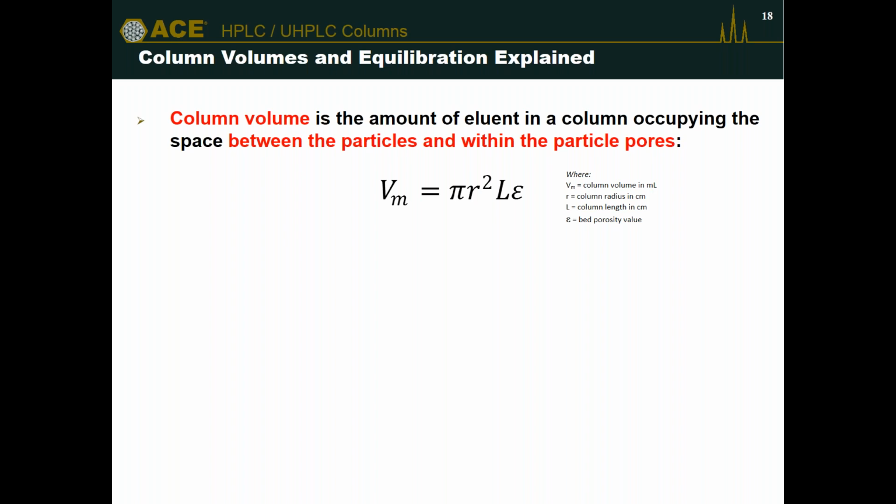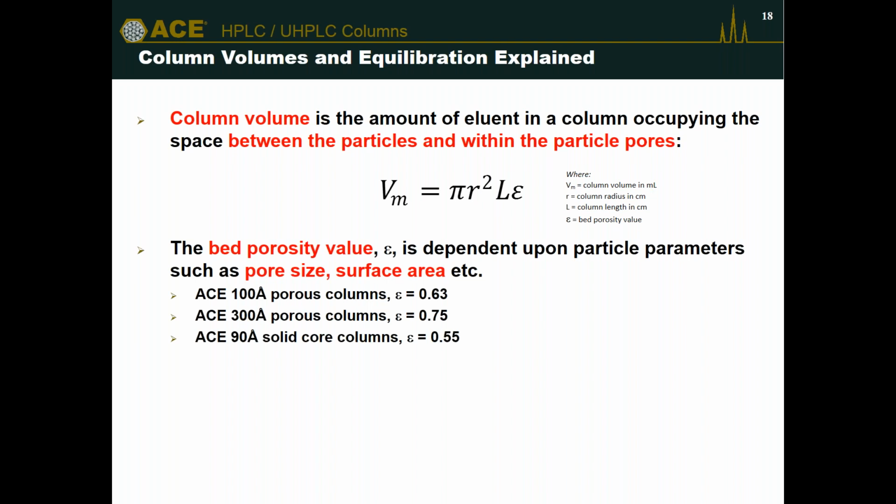It's the amount of mobile phase that's between the particles and in the pores of your HPLC column, and it's a very simple equation that is calculated on the screen as I've put here. It is basically the equation for a cylinder, pi r squared, multiplied by the length of that cylinder, and then multiplied by a porosity value.